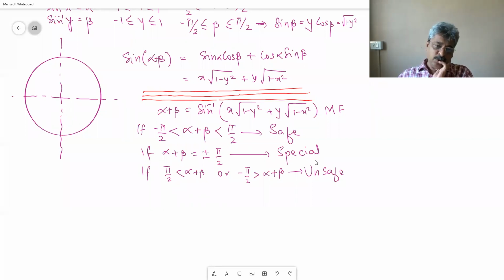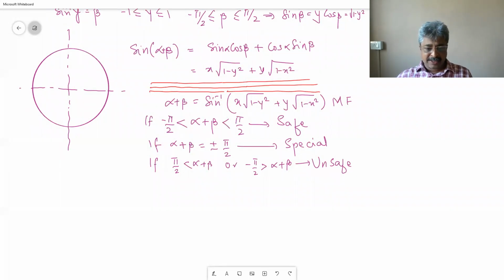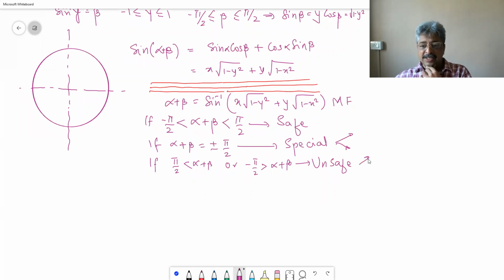How? Suppose alpha plus beta is pi by 2. In the special case also there are two cases: one is pi by 2 and another is minus pi by 2. Here also there are two cases, and this is one. Okay, so how do we find out our special case?